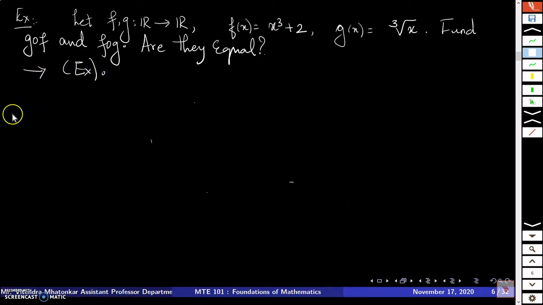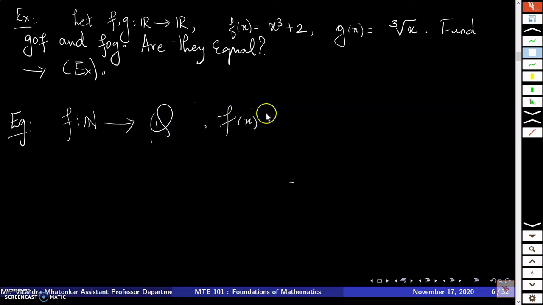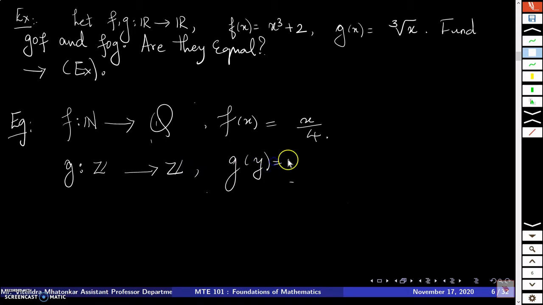Next, consider this example. Supposing I have a function f from the set of natural numbers to the set of rationals defined by f of any natural number n is n by 4. Okay, let's define f as this, and supposing g is a map from Z to Z, and let's say g is an identity function, g of any integer, let's say y, is y.